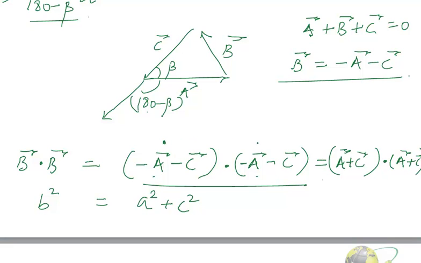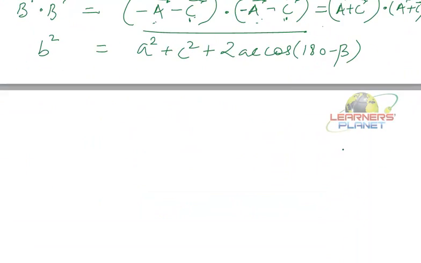So dot product of A dot A is A square, dot product of C dot C is C square, and then AC and CA will give you 2AC cos(180 minus beta), because the angle between the two vectors A and C is 180 minus beta.